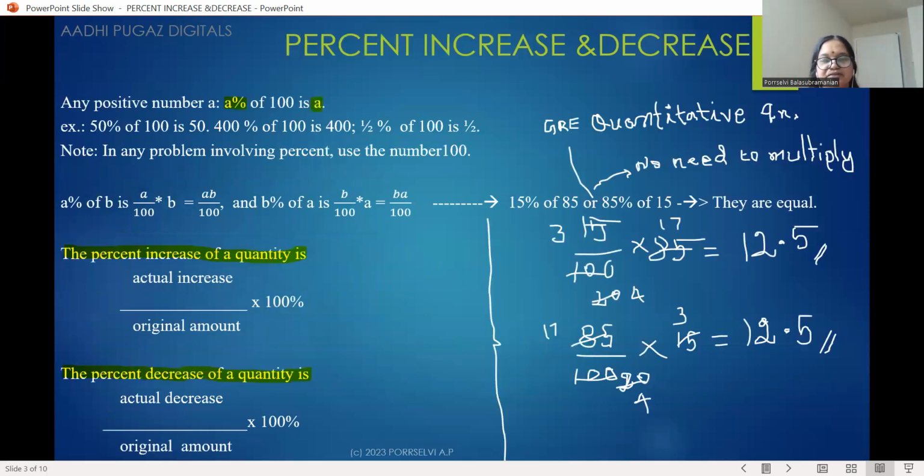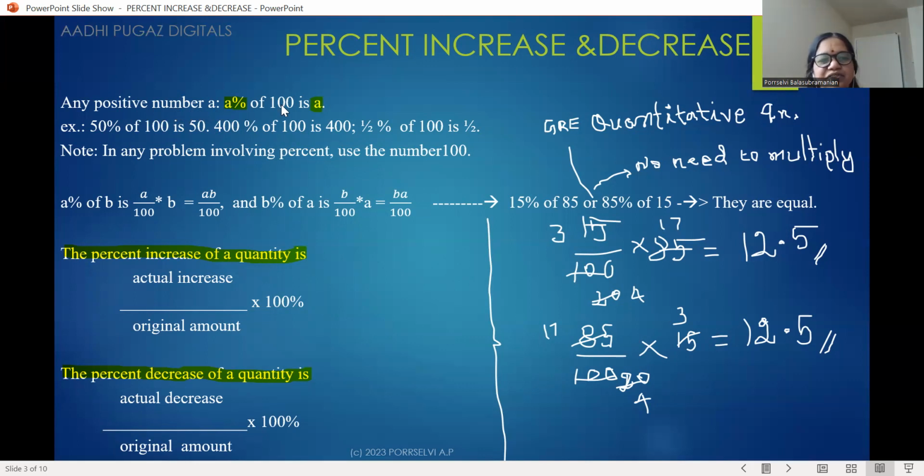At present we are discussing the percent problems. Always remember, we need to assume the unknown value to be 100. For percent problems, only then will it be helpful to solve the question quickly. Here you see any positive number a.